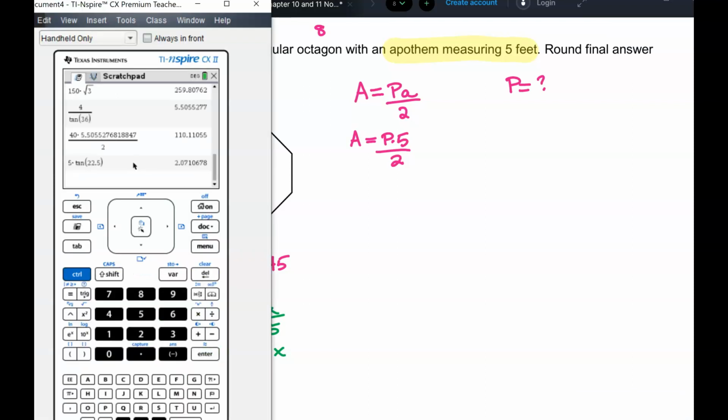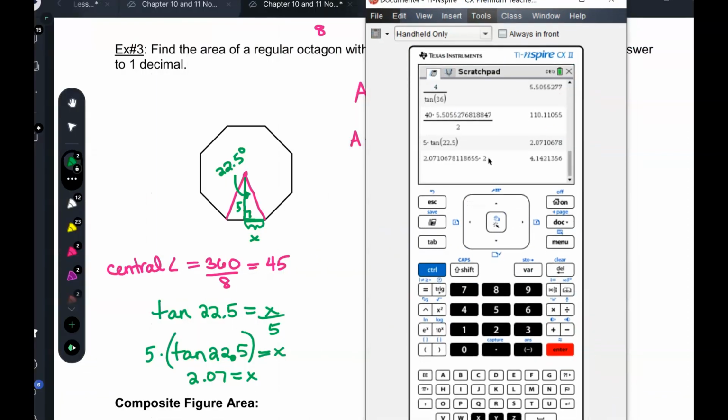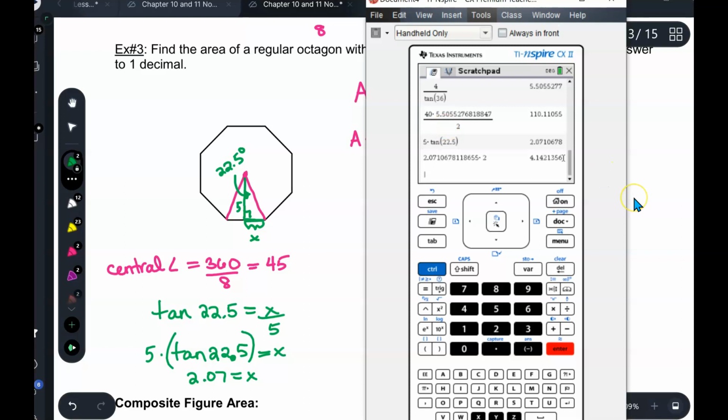But you know what I'm going to do? I'm just going to take that answer and multiply by 2. Does that make sense? Okay, so what does this answer represent?